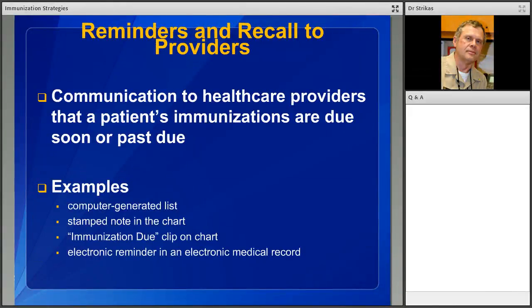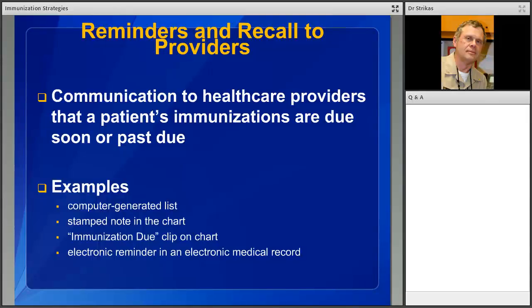Providers can create reminder and recall systems that help them remember which patients' routine immunizations are due soon or past due. Provider reminder recall is different from feedback, in which the provider receives a message about overall immunization levels for a group of clients.